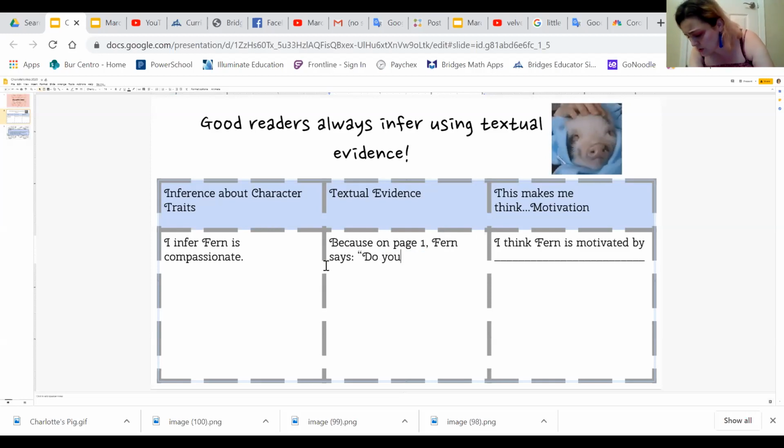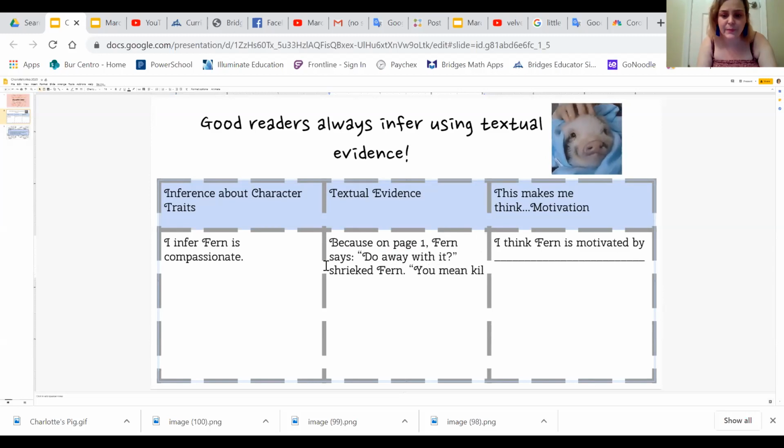"Do away with it," shrieked Fern. "You mean kill it, just because it's smaller than the others?" We already can sense that she's compassionate. She cares about this little pig.